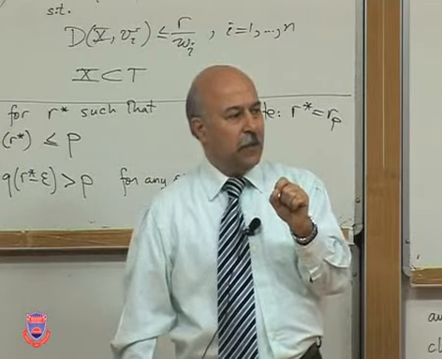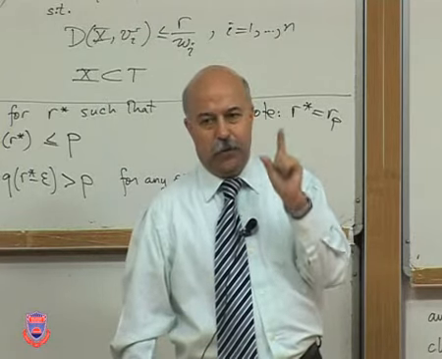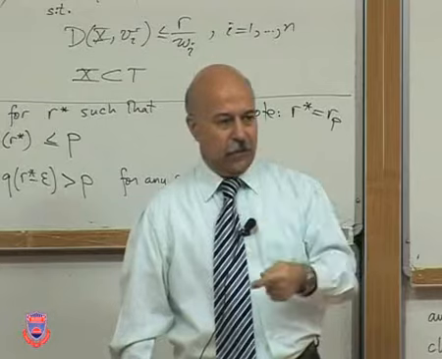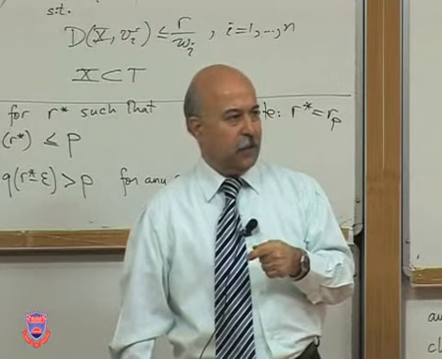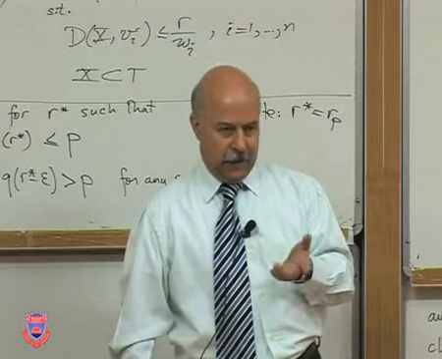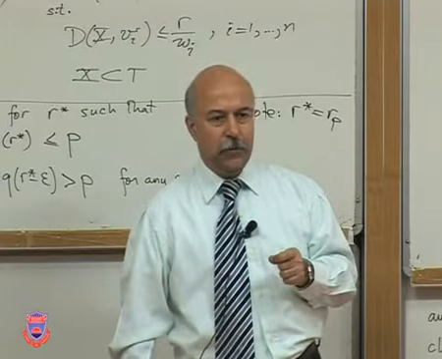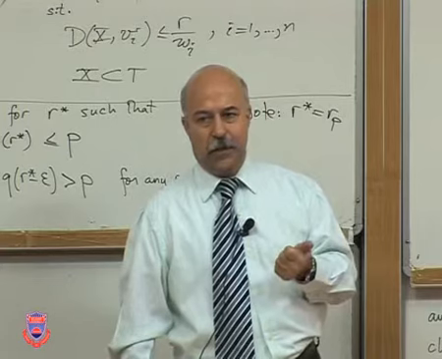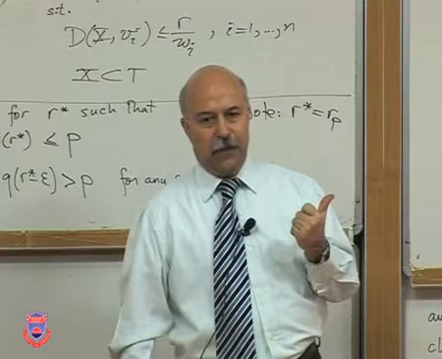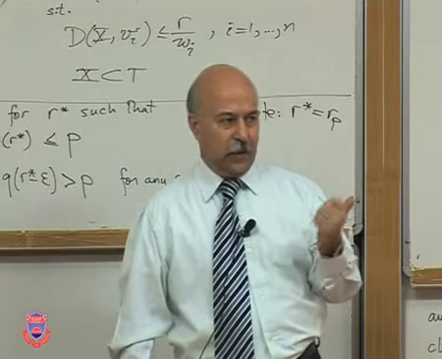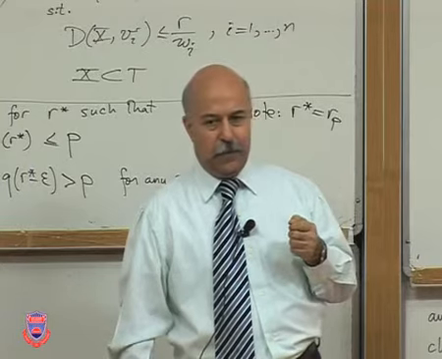Can all this be done in polynomial time per repetition of the main step? Yes. We don't know how much, but it can certainly be done in polynomial time. So the next question is, how many times can I repeat the main step in the worst case?